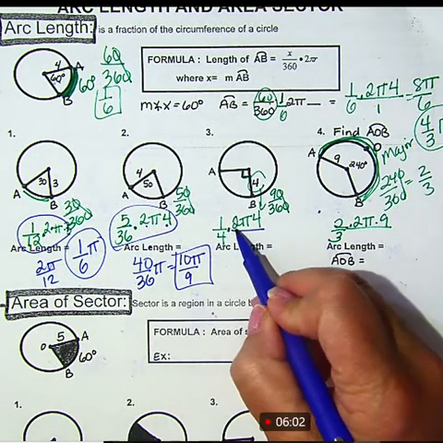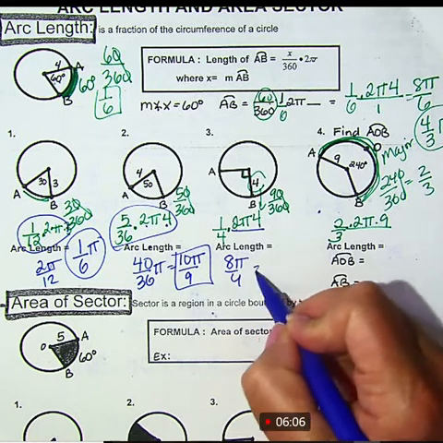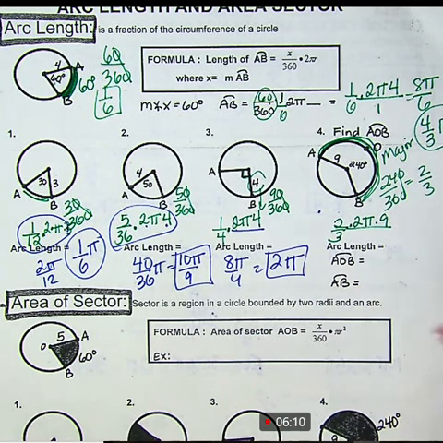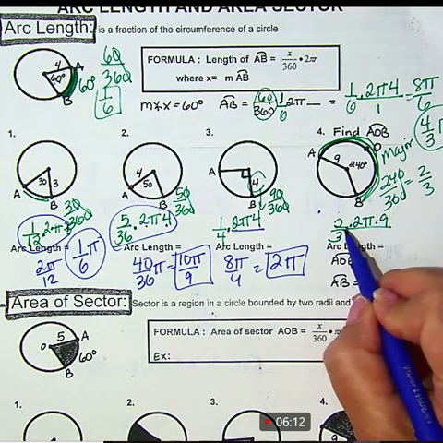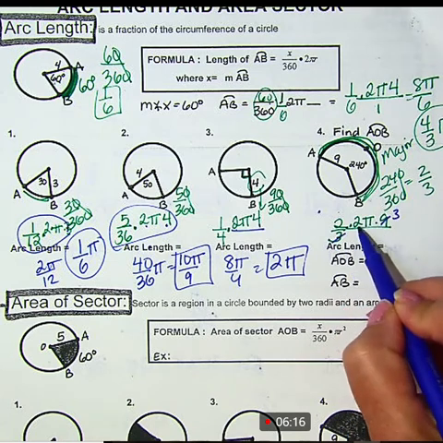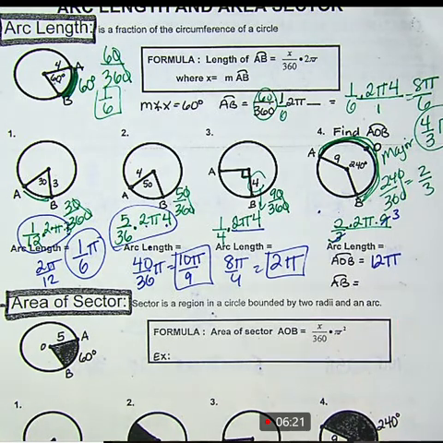This arc length is 2 times 4, which is 8. 8 pi divided by 4, so I do just get 2 pi here. And then this one, I'm going to reduce this, and I get 2 times 2 is 4 times 3 is 12 pi, is my big one.